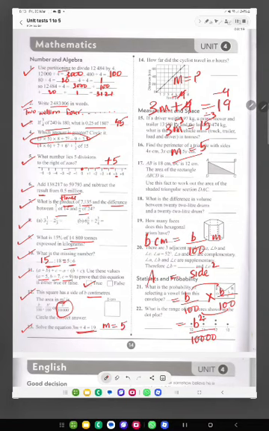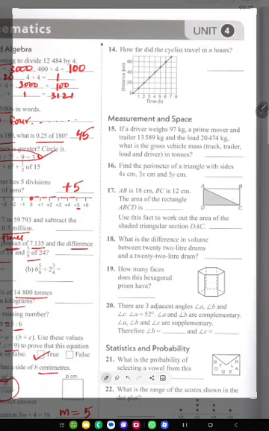M is 5. Okay. So in question 14, let's see how far did the cyclist travel in n hours. It's an increasing pattern. See, the line is going upwards. So there is a trend. I can see that in 1 hour it's traveling 10 kilometers. In 2 hours the cyclist is traveling 20 kilometers.